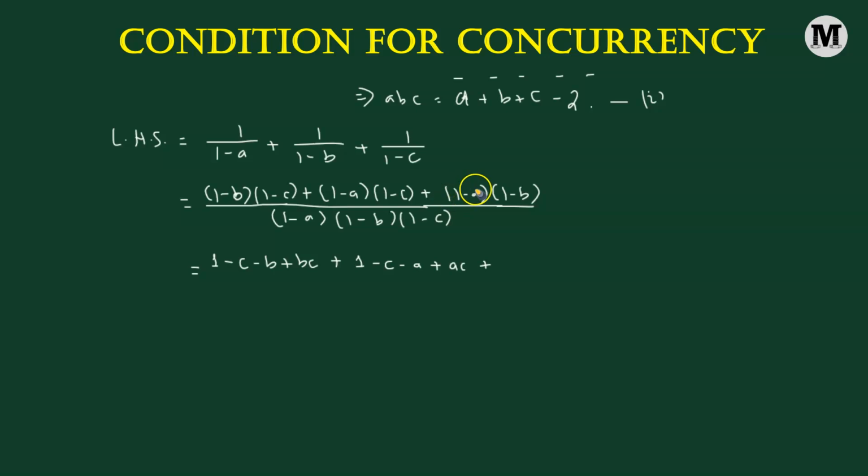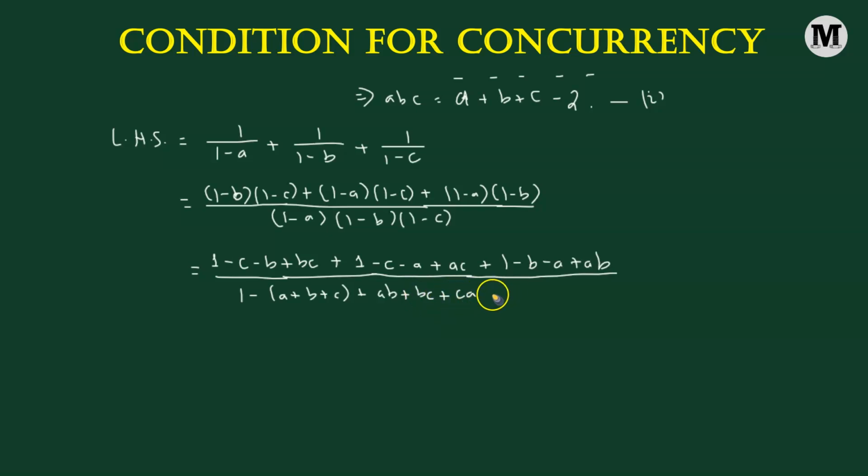Added to 1 minus a times 1 minus b, which is 1 minus b minus a plus ab, whole divided by the product of 1 minus a, 1 minus b, and 1 minus c. That becomes 1 minus (a plus b plus c), plus ab plus bc plus ca, then negative abc.